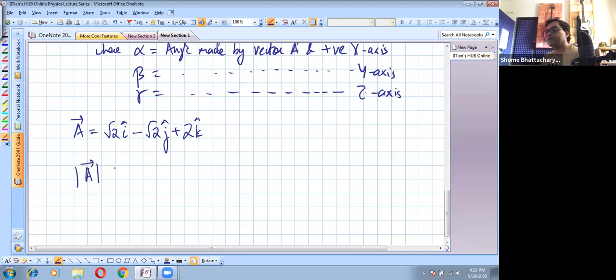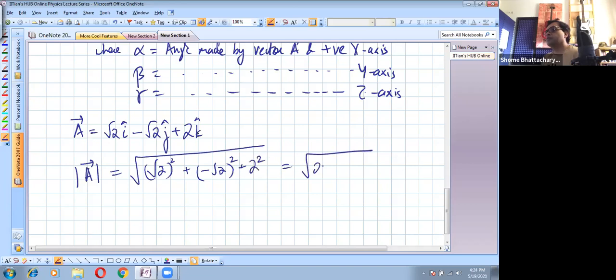For mod of the vector, it is root of ax square, so that is root 2 whole square plus minus root 2 whole square plus 2 square. So it is square root of 2 plus 2 plus 4, that is square root of 8. That is 2 root 2. So the magnitude of the vector is 2 root 2.